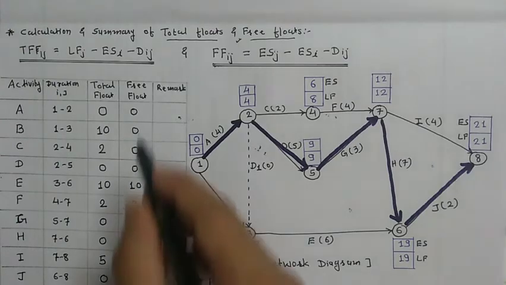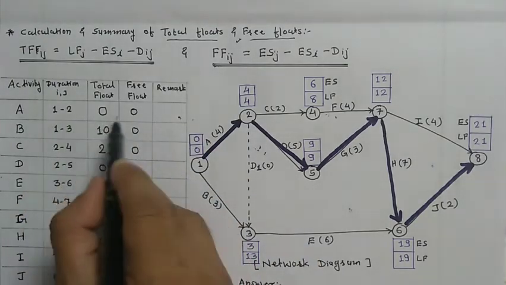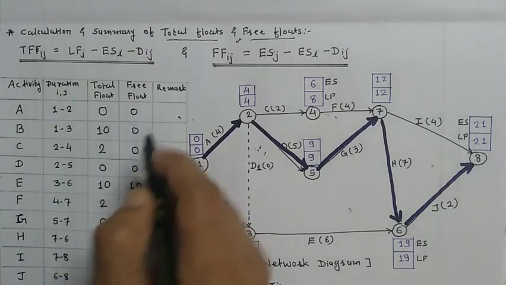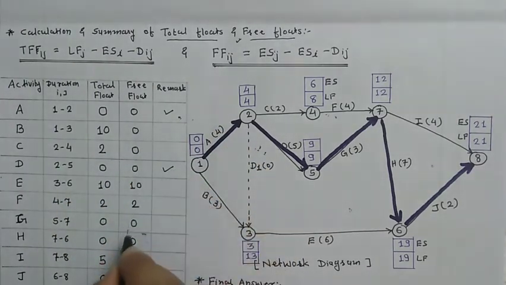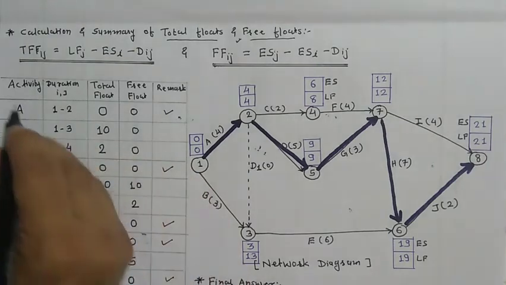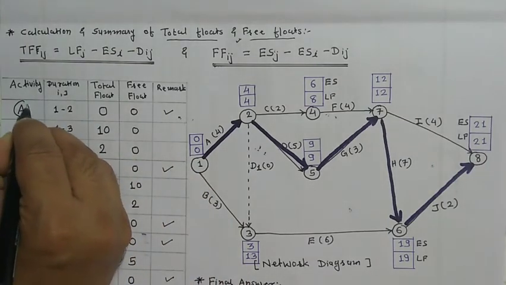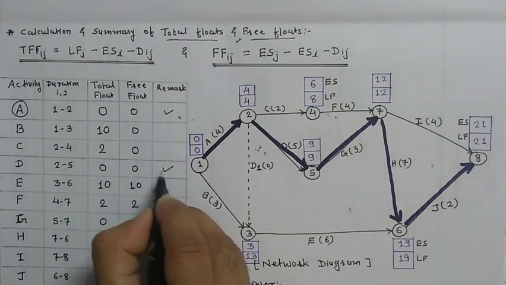Okay, so please see in this, total float and free float are 0 for five activities. So this is activity A, where both the total and free floats are 0.